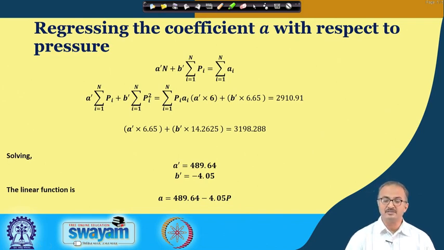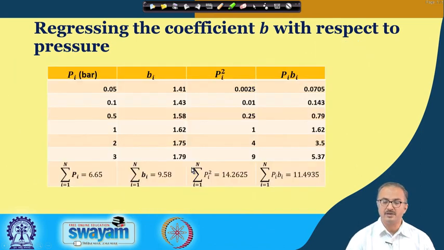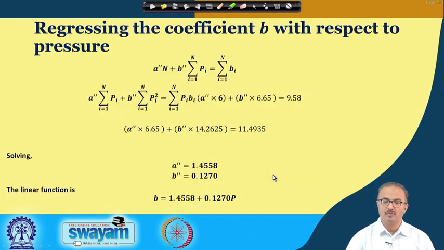In a similar fashion we go for B also. We take 2 more variables, A double prime and B double prime. Again we have 6 data points, and using the linear least square fit formula and these values of B and other variables, we get the values of A double prime and B double prime, and another expression for B as a function of pressure.